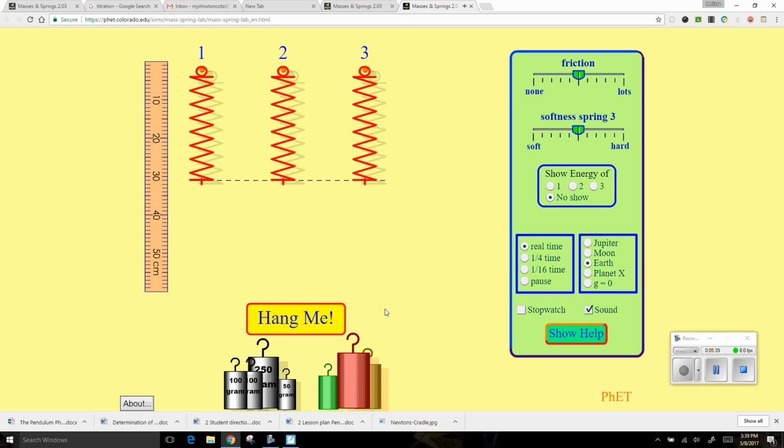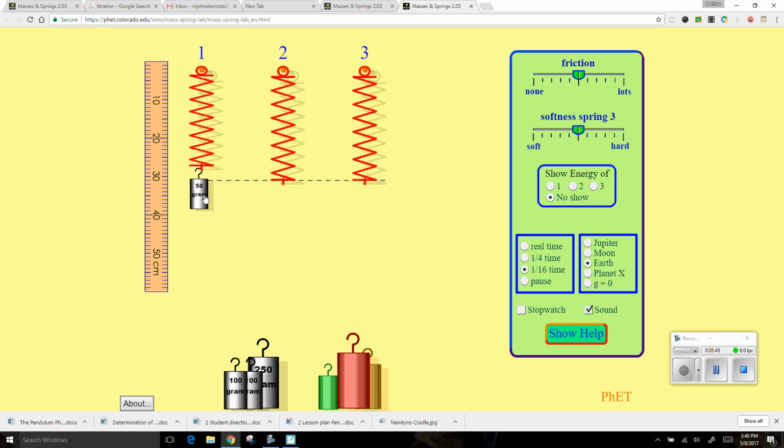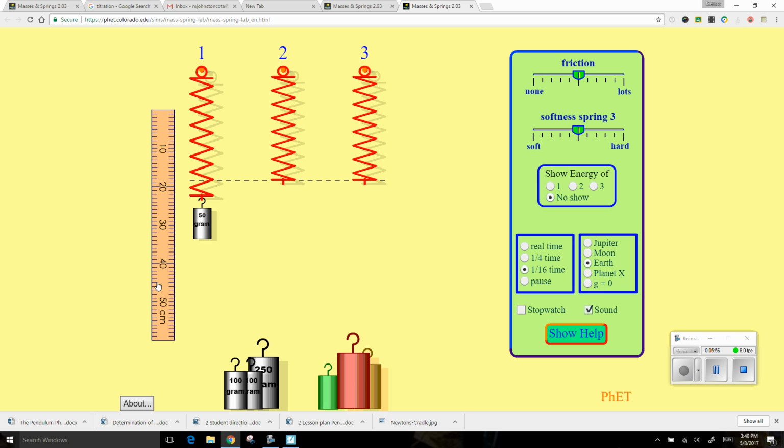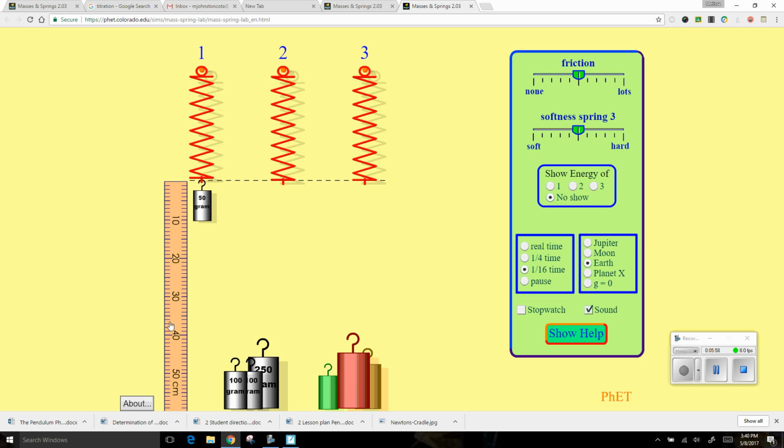Here are these masses again. I'm going to slow down this simulation to 1/16 of the real time, and I'm going to start by adding a 50-gram mass to the system, and I am going to put this ruler at the base of where the spring ended before I put the mass.